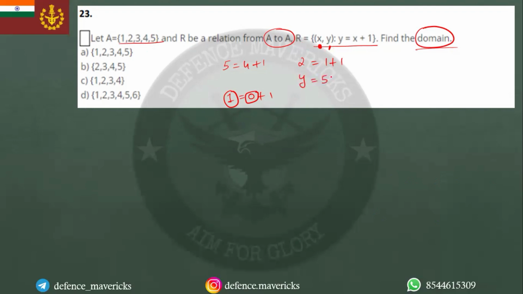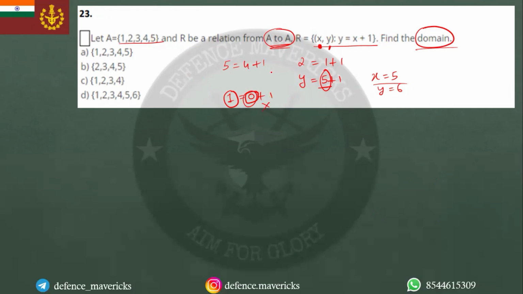Y equal to 5 plus 1. Am I getting an output for x equal to 5? I'm not getting any output for x equal to 5. That means x cannot be 5. If x is equal to 5, y will become 6, and 6 is not available because x and y both are from set A. So because 6 is not possible, we cannot take x as 5. That means x can be anything from 0 to 4, but 0 is not in the set, so we will exclude that also.